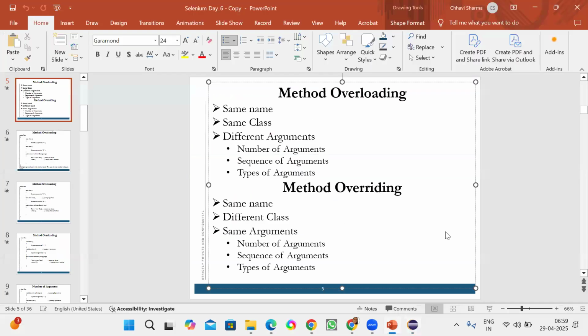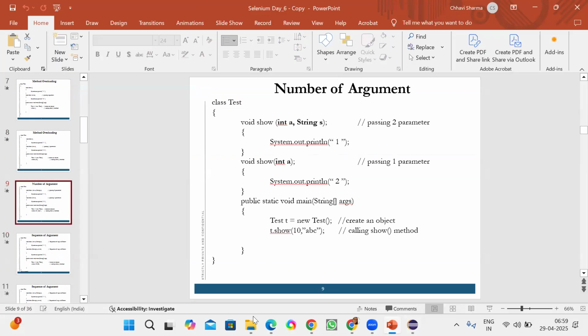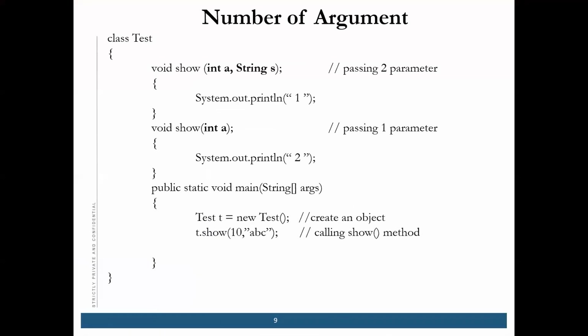Now, I'll give you more examples. So this is the number of arguments, which we have learned, how the number of arguments can be changed. Like this, you can pass different arguments with the same name.